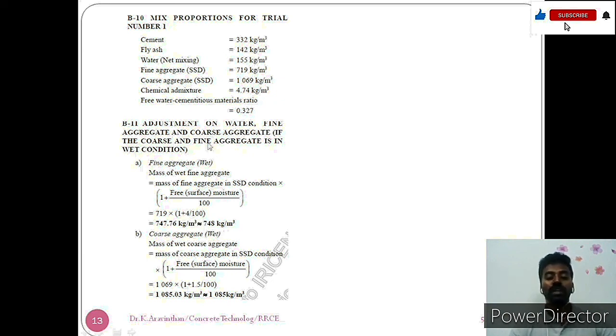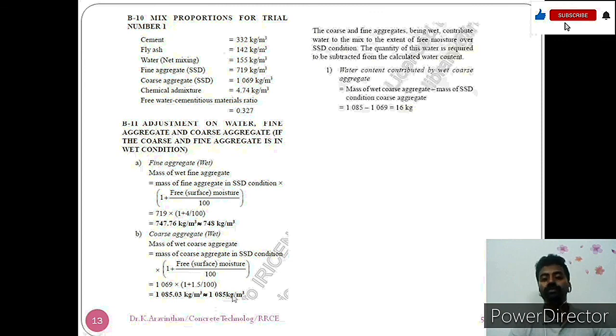And the coarse aggregate has 1.5% of free moisture. If you are multiplying with this value, you will be getting 1085 kg per meter cube. So the difference here is, coarse aggregate is wet, you are having 1085 kg per meter cube, and the SSD condition here is 1069.